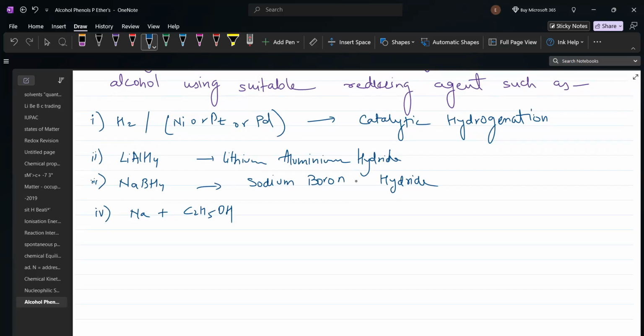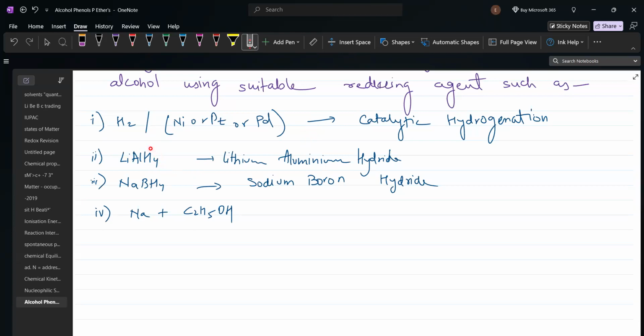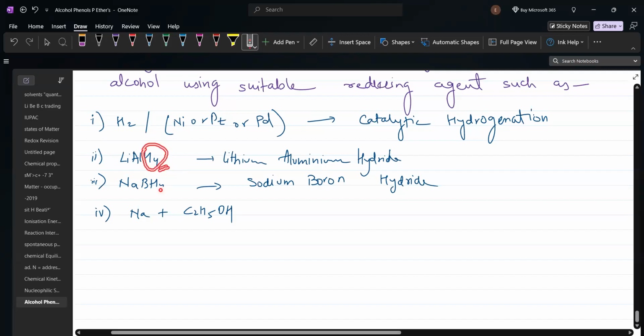So how will you try to remember them? In the first one, H2 is there, so hydrogenation is going on, reduction is going on. In LiAlH4 lots of hydrogen is present, and in NaBH4 also lots of hydrogen. What happens in this one, just so that you can remember easily?